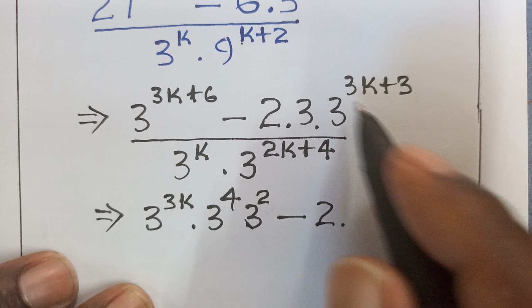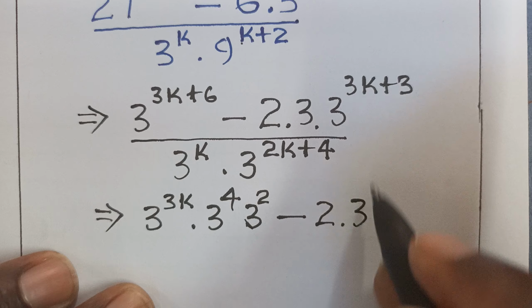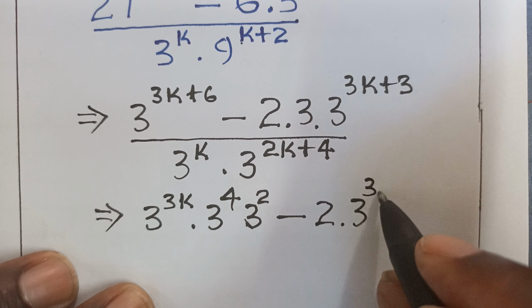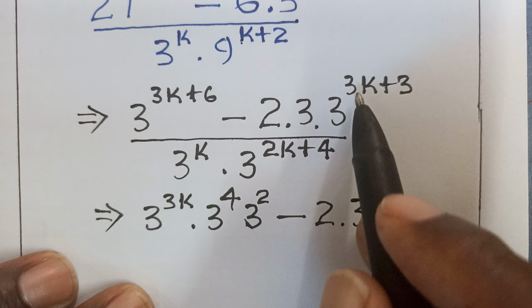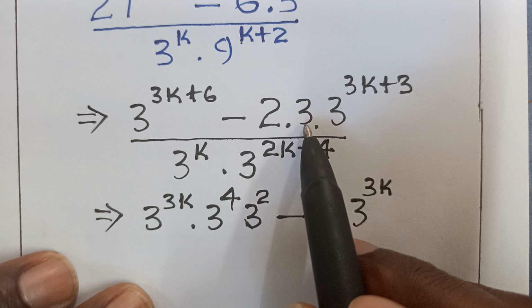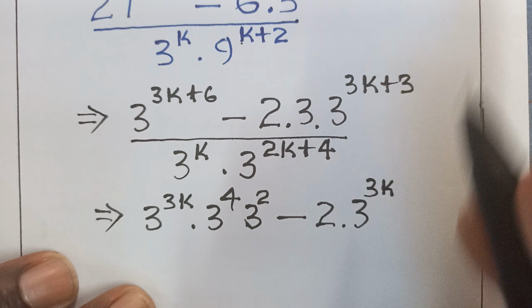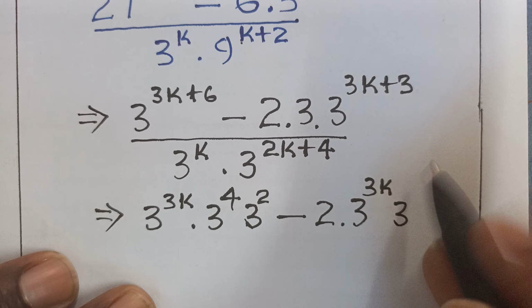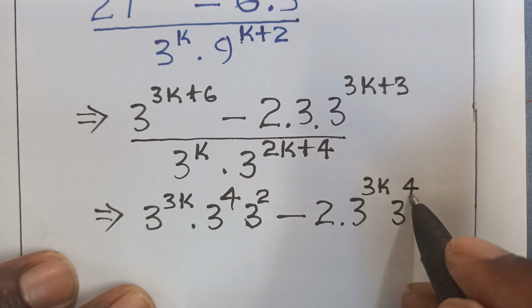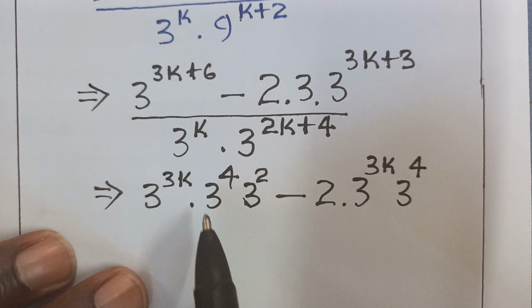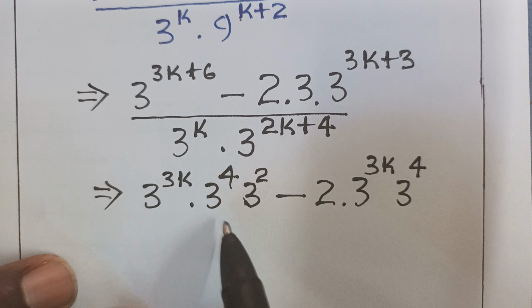So now I write this in terms of 3 raised to 3k, that is this 3, and this 3 is raised to 1. I can now add to 3 raised to 3, which is 3 raised to 4. And now guys, I know you begin to see that because we have 3 raised to 4 right here.